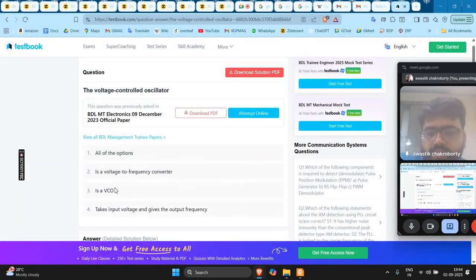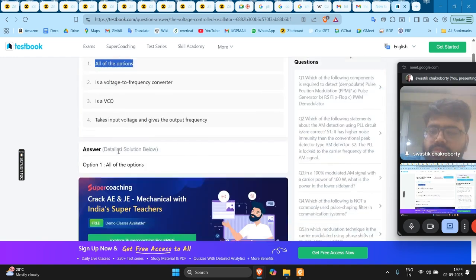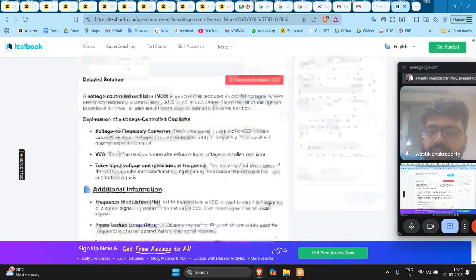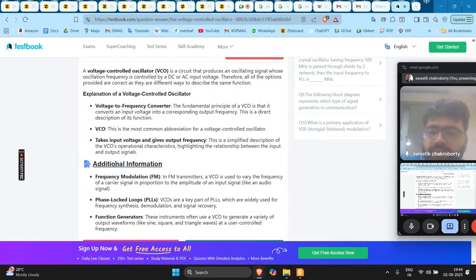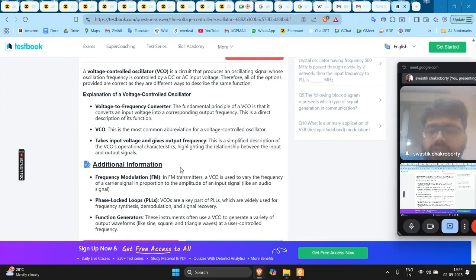This is a silly answer, of course. That is just the abbreviation of voltage control oscillator. Next is it is a voltage to frequency converter, which is true. It takes input voltage and gives output frequency. So the correct answer is all of the options. Okay. So what are the applications of a voltage control oscillator?